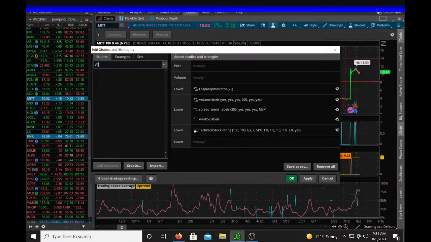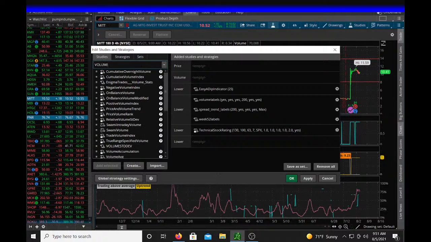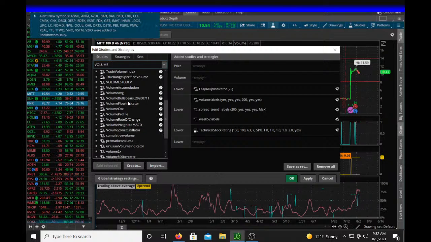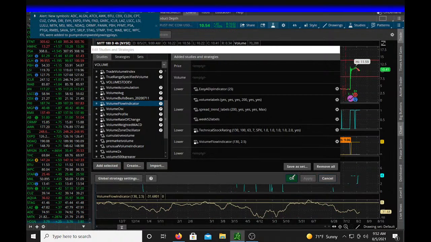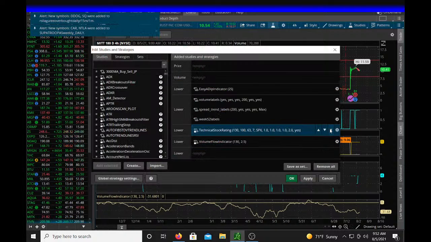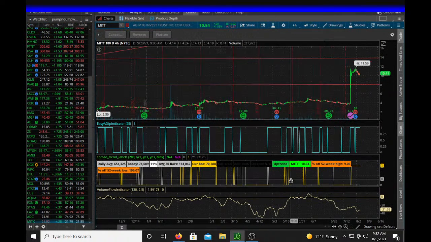VFI. Volumes. Here we go. And you can see we still have many things going off, but they're going off today, probably in preparation for next week.